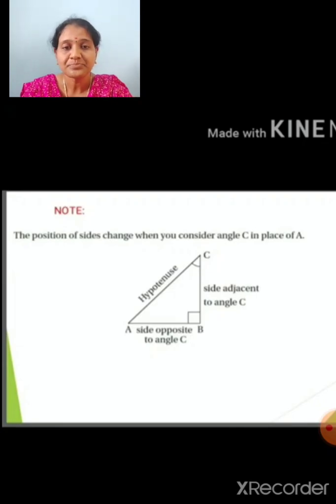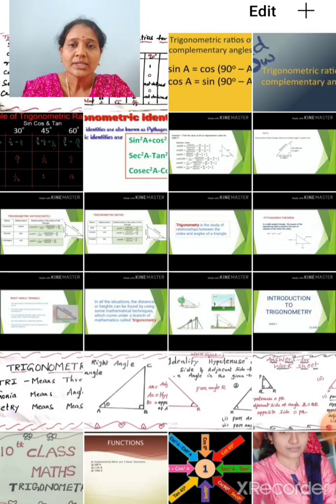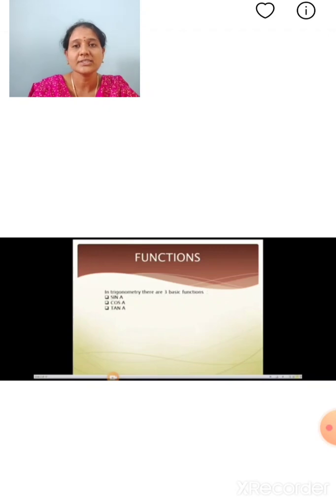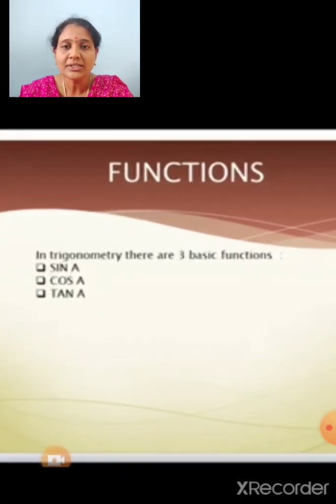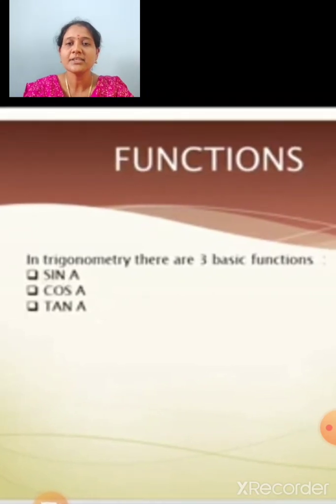Isn't it, children? It's easy to identify. Don't worry. Now we are getting to the next concept. What is the next concept, children? Functions. Which functions? Trigonometric functions. You know what the trigonometric functions are? In trigonometry, there are three basic functions.